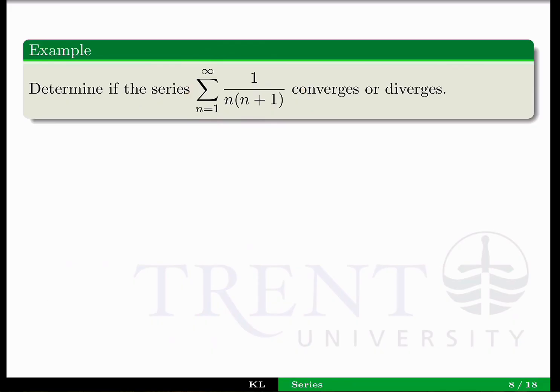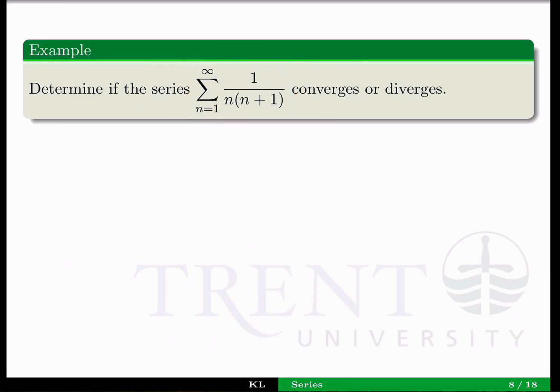So look at this fraction here and try to recall how to do partial fractions when we did some integration. We can use a similar technique. Well, we actually use the same technique, partial fractions.